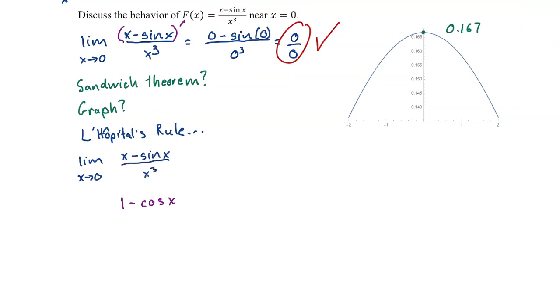I'm going to treat the numerator and the denominator separately, taking the derivative of the numerator and also the derivative of the denominator. The derivative of the denominator is 3x squared. What L'Hôpital's rule says is that these two functions have the same limit.